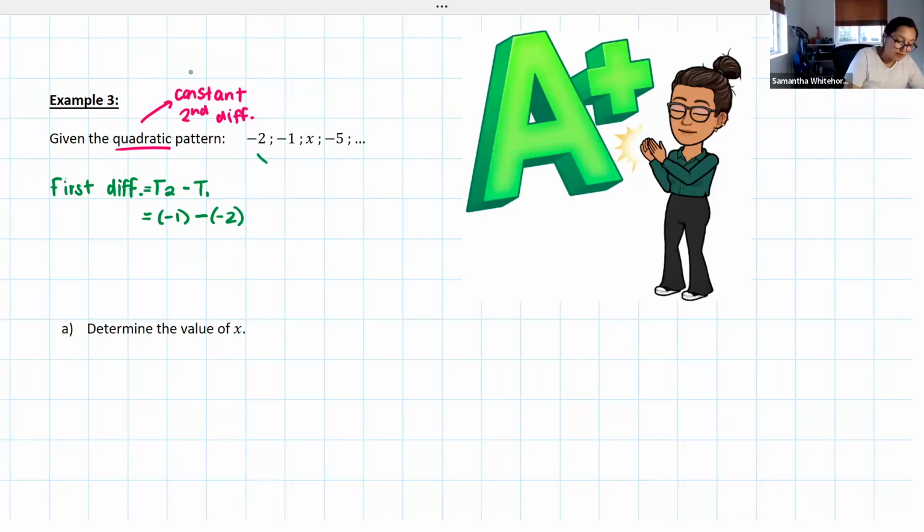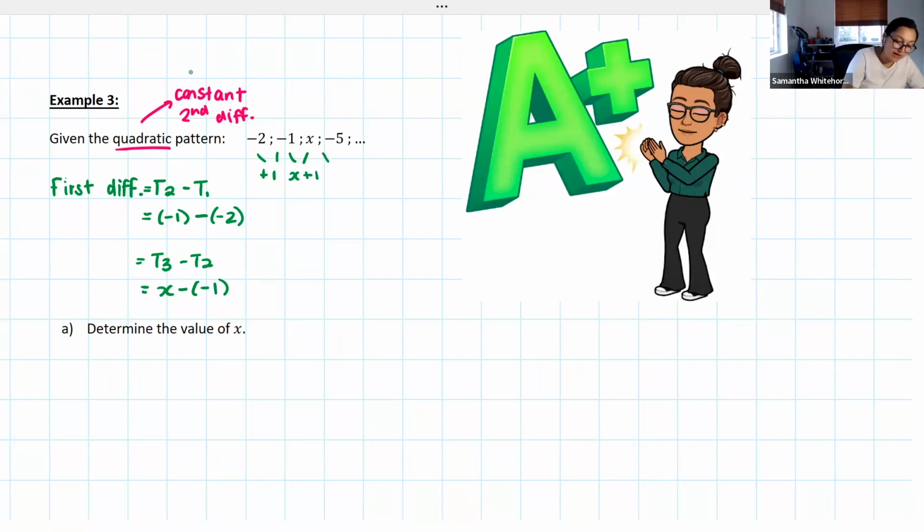And what that gives me is that I'm actually adding 1 here. Now, I know you guys know this, and I know you can just do this in your head, but it's really important to know how we are working out these differences when there's an x. Because now when I want my next difference, this would be term 3 minus term 2, which is x minus -1, which is actually x plus 1.